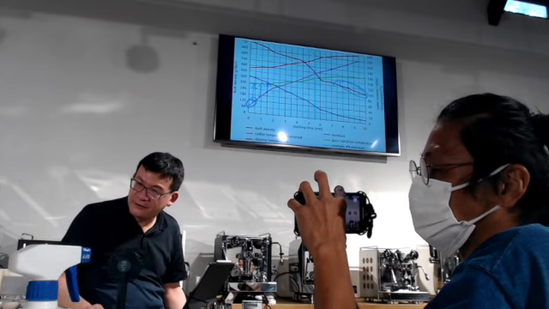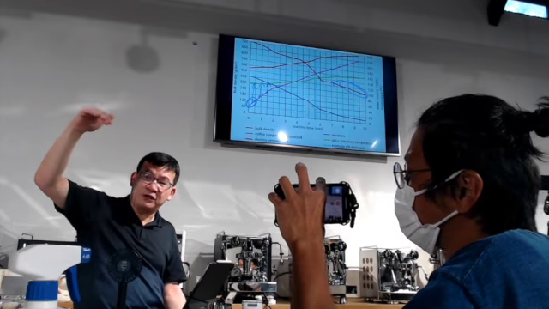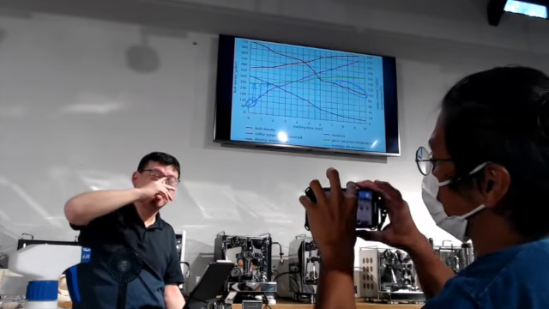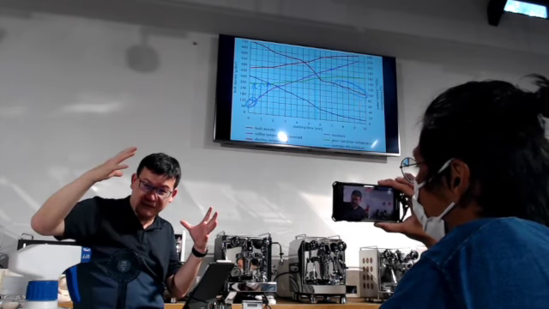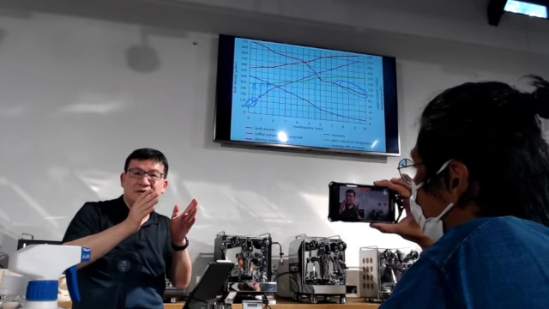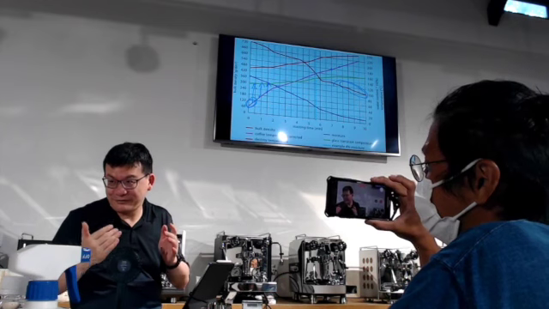Okay, if we do a Maragogype, we have a high turning point. That means the volume increases a lot, right? The cell structure breaks down a lot. That means we can roast it very light.